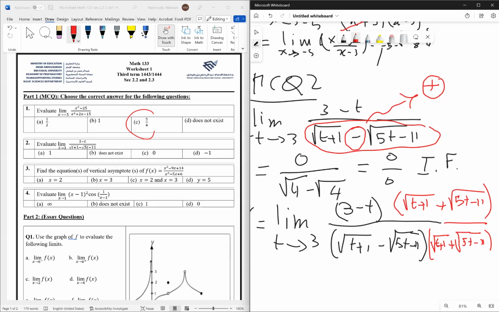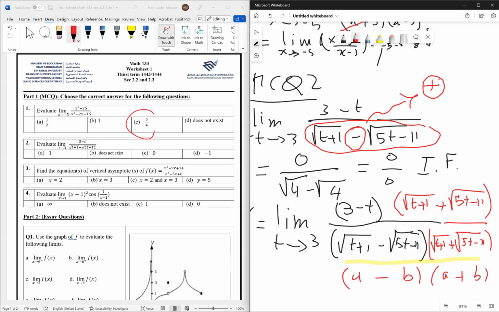Good. Now, remember that for this expression, which is an expression times its conjugate, no need to do any computation. This is of the form a minus b times a plus b.